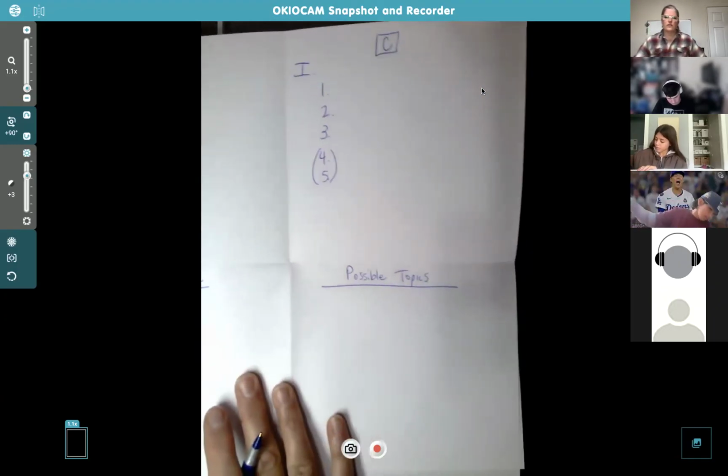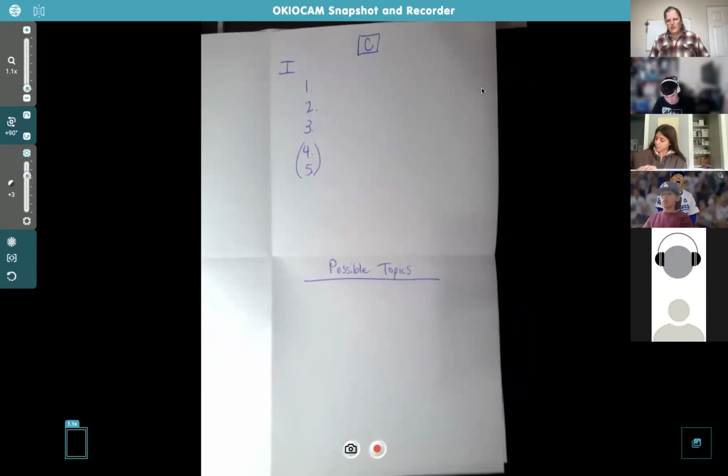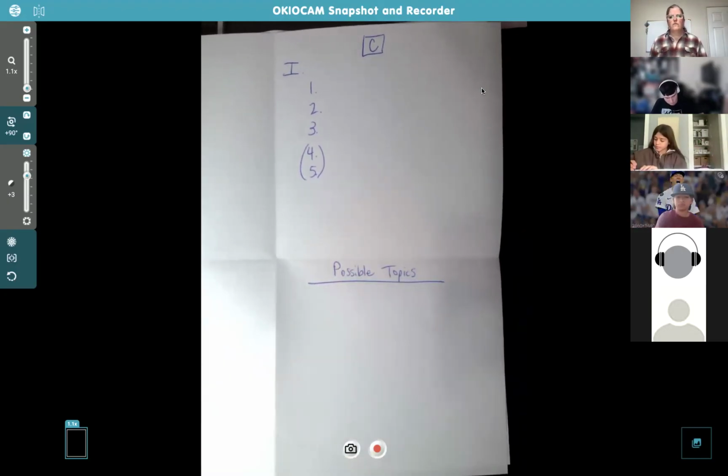We started reading the first one, but I'm pretty sure we put a label on all the paragraphs. Is that what you guys have too? And we saw a pattern with the paragraphs. So looking back on those, what was the first topic that we found in that first paragraph in the different articles?